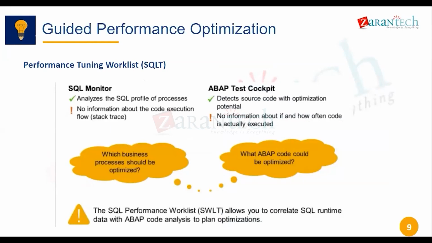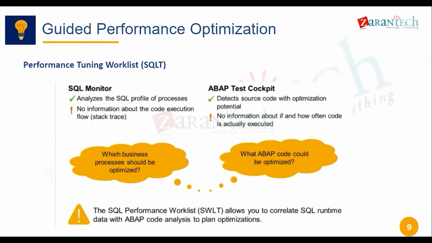What they have done here is SWLT. Sorry, I think the code is wrong. SWLT. So here it does the SQL monitoring. It analyzes the SQL profiles to identify which business processes should be optimized. Along with that, with the help of ABAP Test Cockpit results, we also identify what ABAP code should be optimized, right?